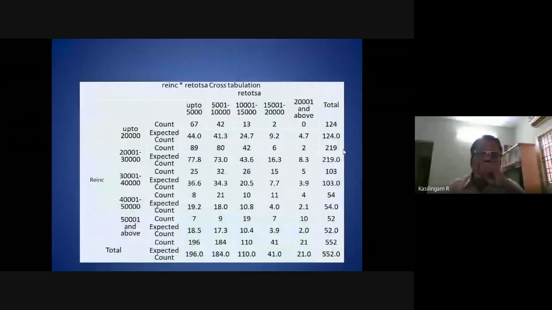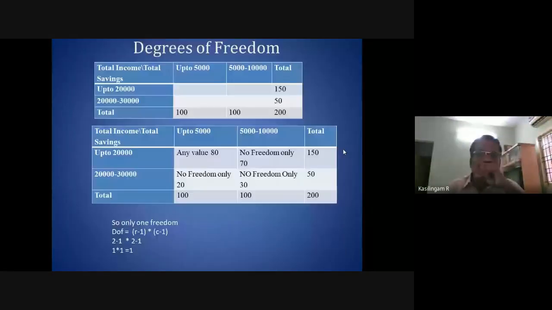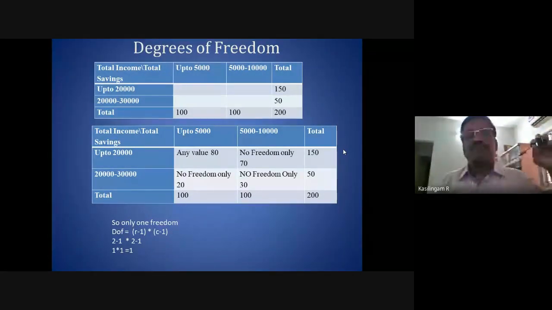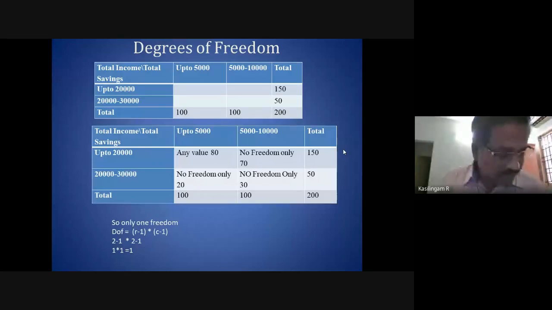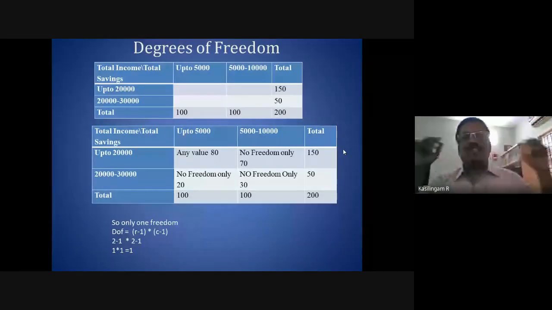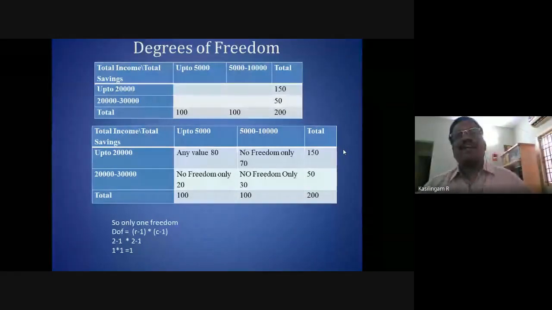Now I have one question. Some people will say you need to have a sample size of 50 only, then you can use this chi-square. Another is that the expected value should be greater than 5.